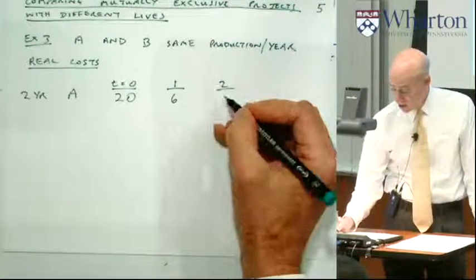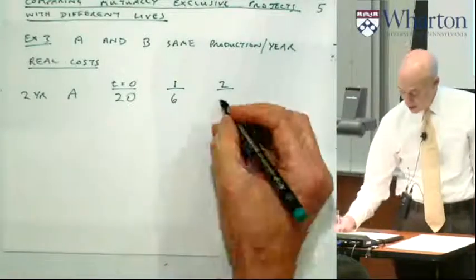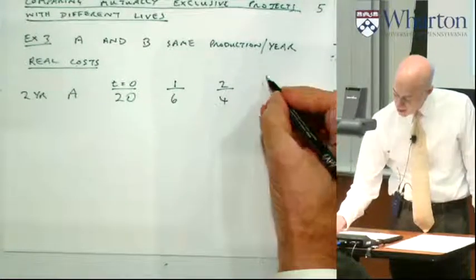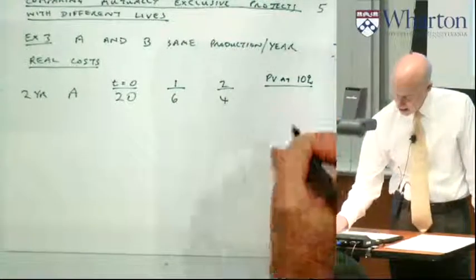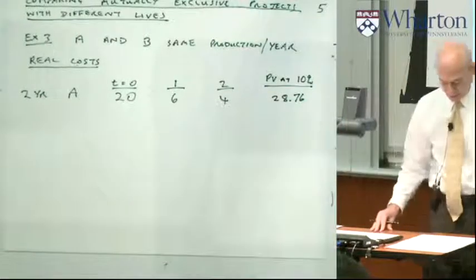At date 2, we're going to have some more maintenance costs that have accumulated through the year, and they're going to be 4. If we calculate the present value of that at 10%, we get 28.76.